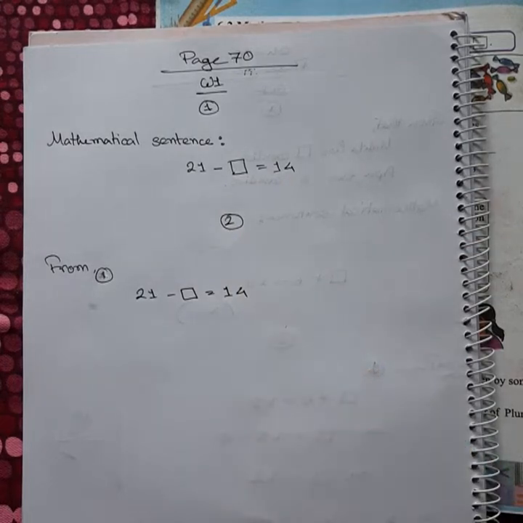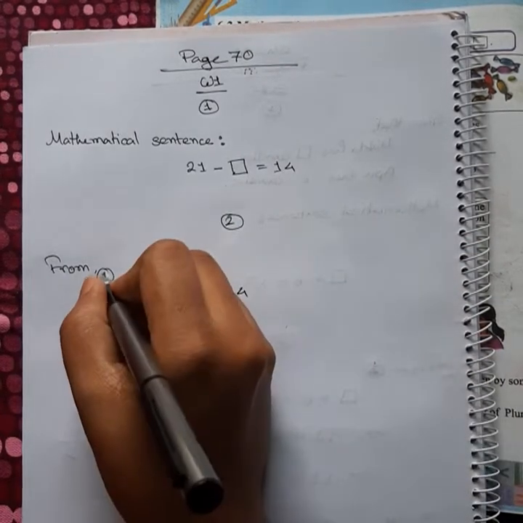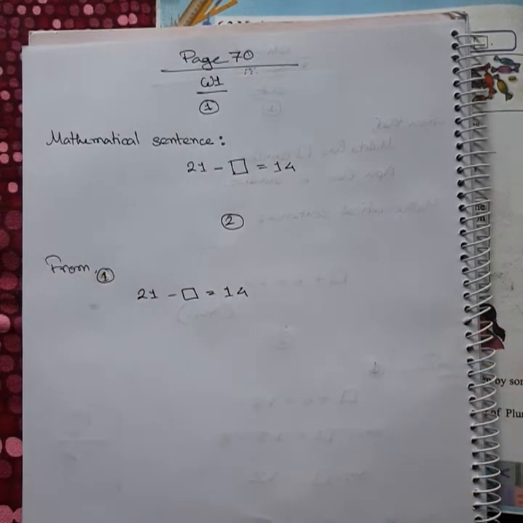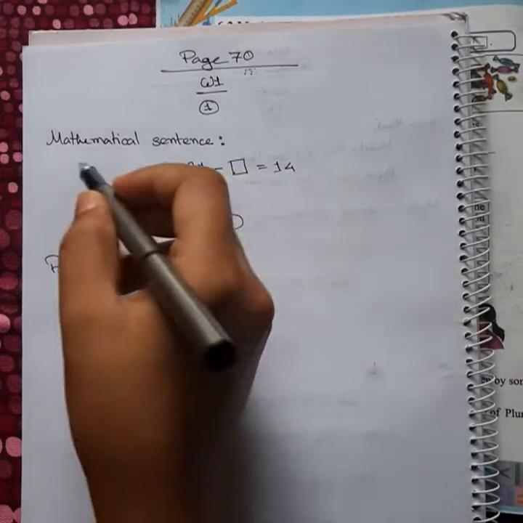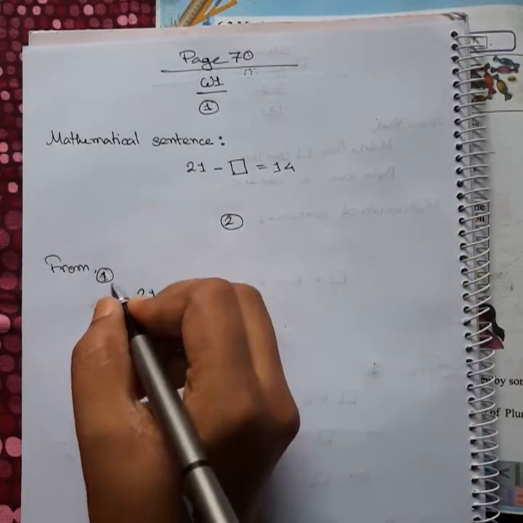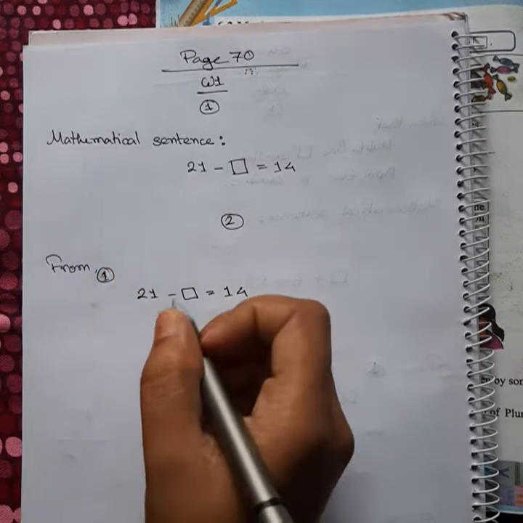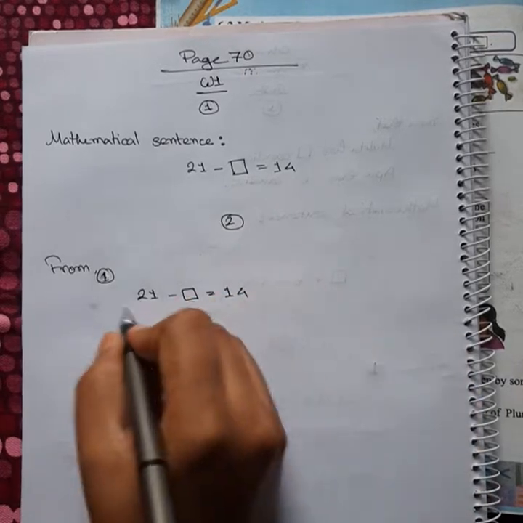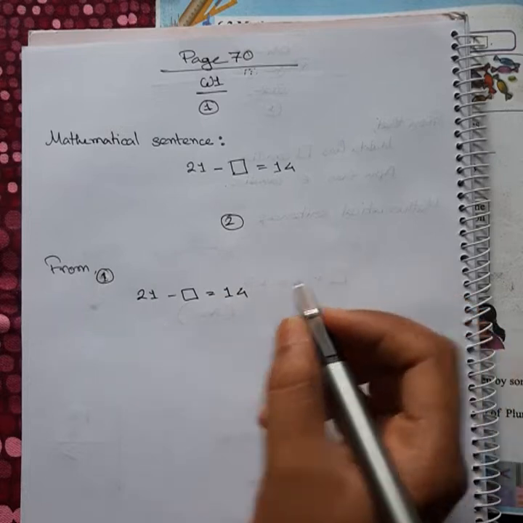And as always, on the second question, what will they tell you to do? They will tell you to find out the number of plums which are already eaten. So we are going to write down from 1. We got from 1, actually from 1 should be side by side. It's okay, no problem. From 1 we are going to write down the mathematical sentence. We have already written it down.